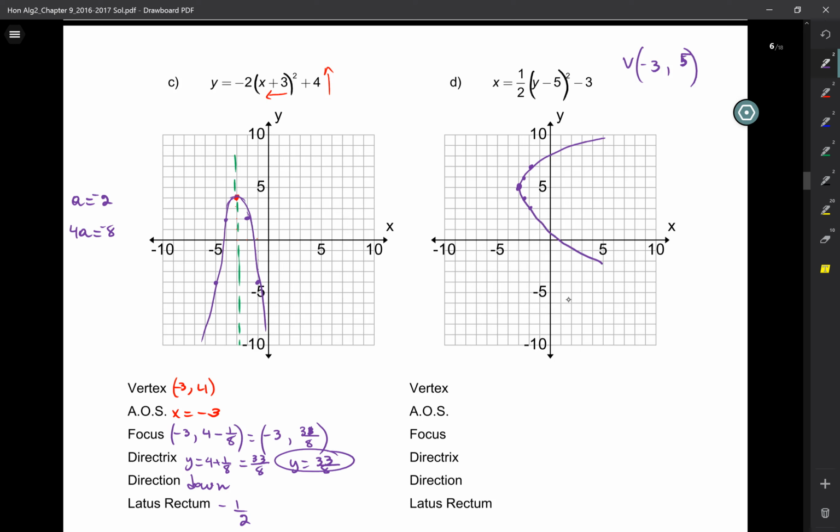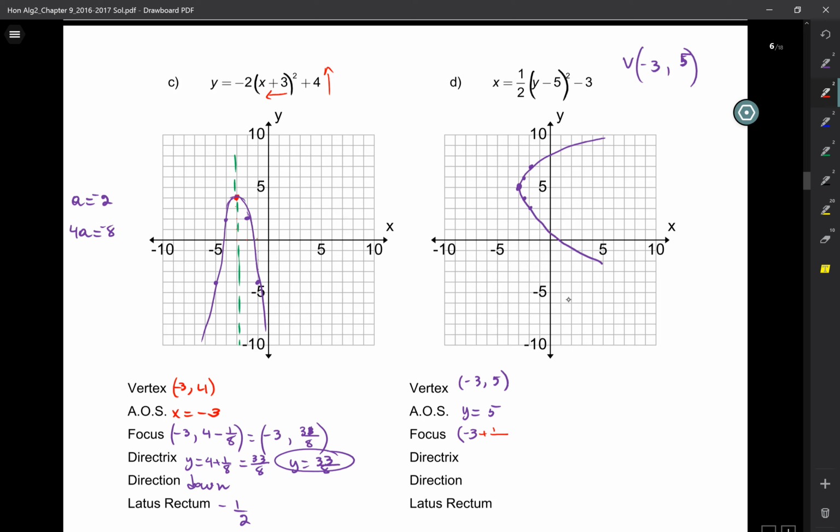So where is the vertex? Negative 3 comma 5. The axis of symmetry is y equals 5. The focus is at, what's going to change for the focus, the x or the y coordinate? The x coordinate, so it's going to be negative 3 plus 1 over 4a.